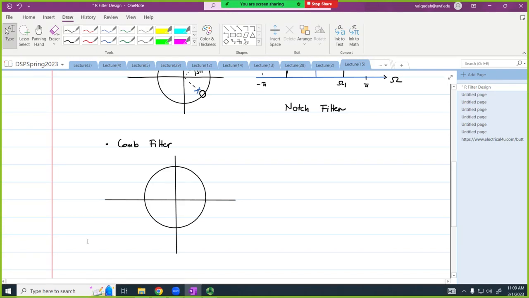So what I can do, I can add a zero here, a zero here, a zero here, a zero here, a zero here, zero here, zero here, and add a pole here, a pole, a pole, a pole, a pole, and a pole. One more. Not going to do it.